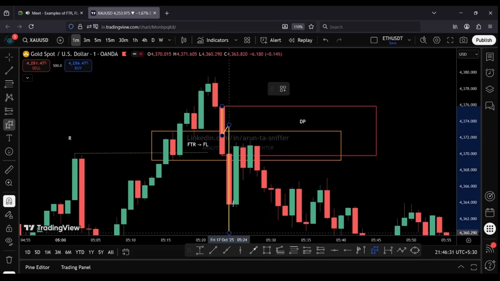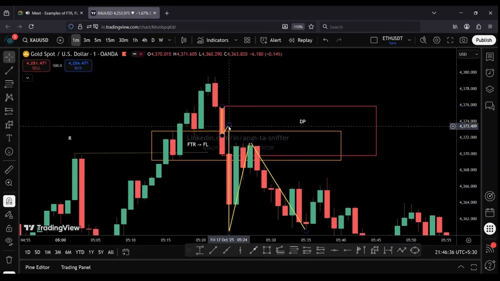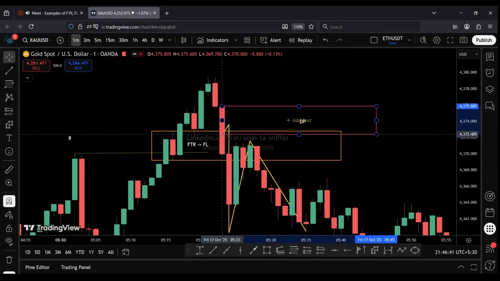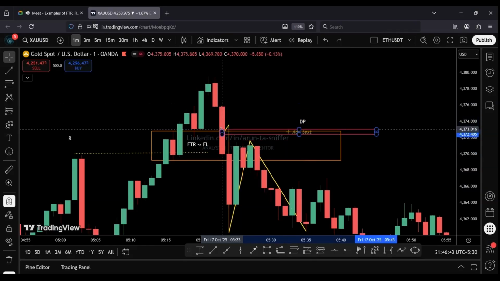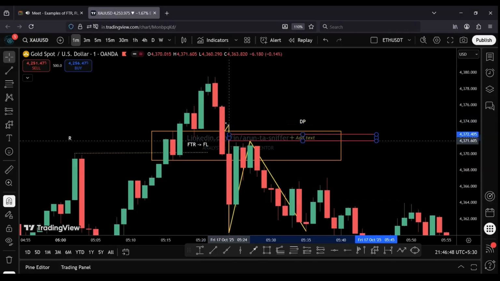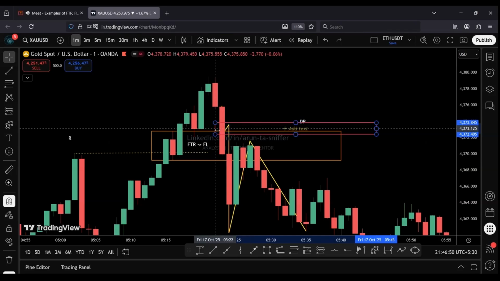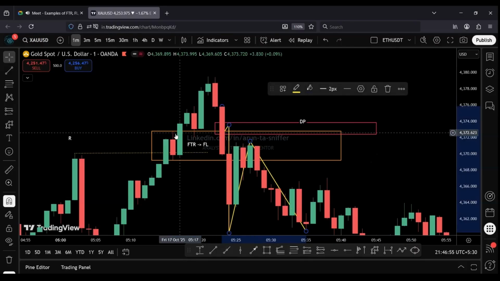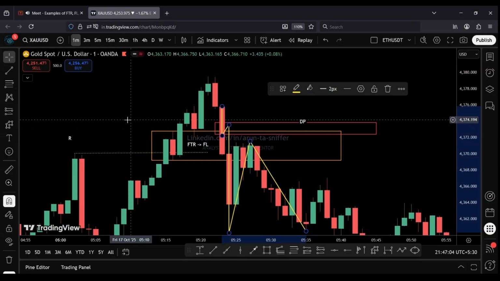So in reality, this will be our DP, right? This is the upper line of the FL. Price came back to this FL, but here it is not visible.